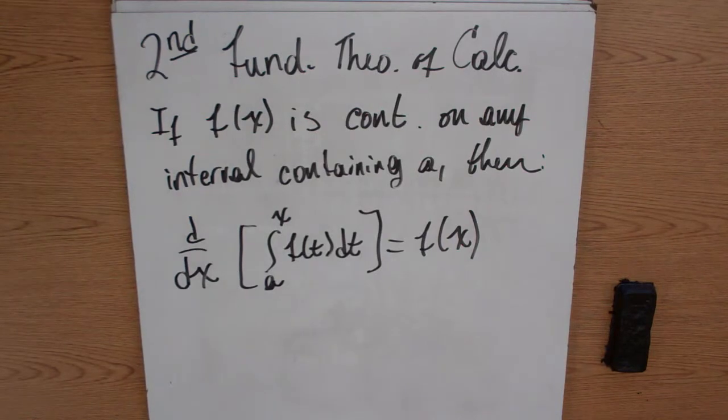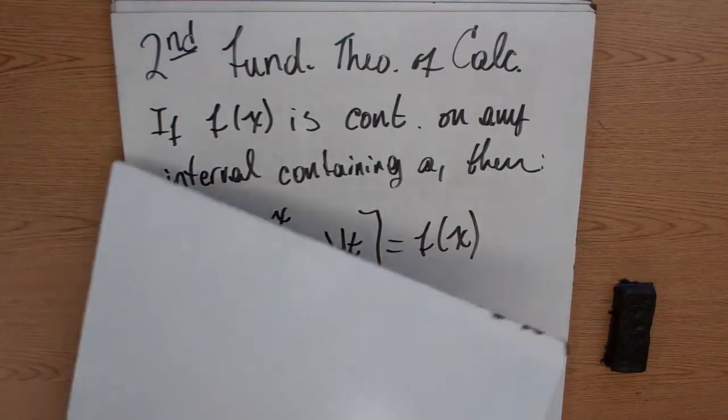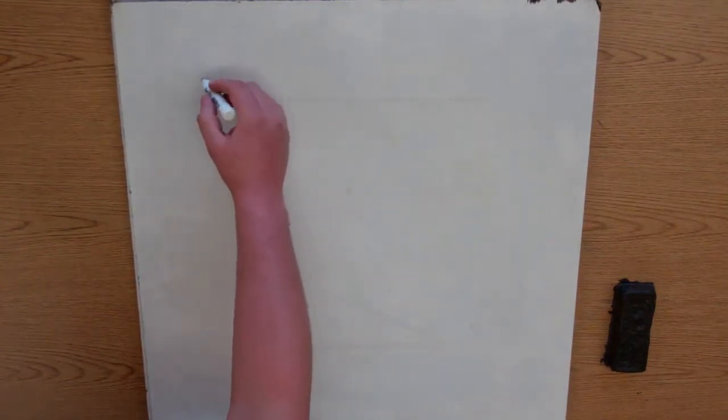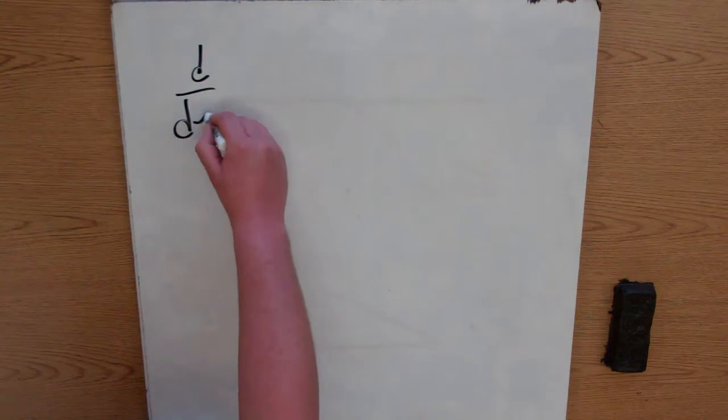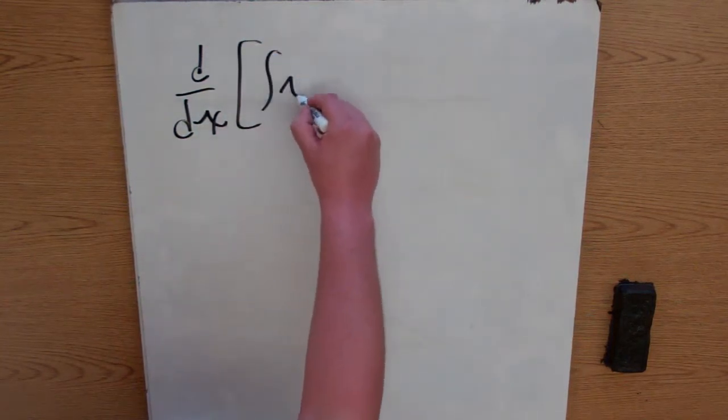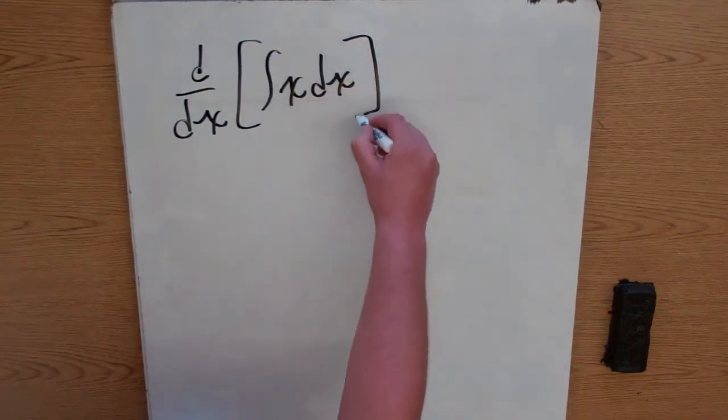Let's look at an example because I know you're probably asking questions. Well, you probably have that puzzled look on your face as to how that can be. All right, let's look at one. For this one, I'm not going to put an interval. I'm just going to do the derivative of the integral of x dx.